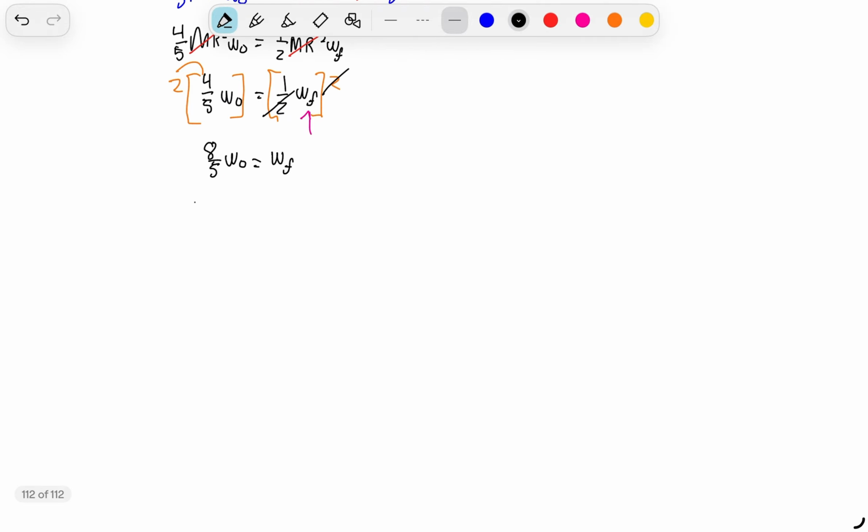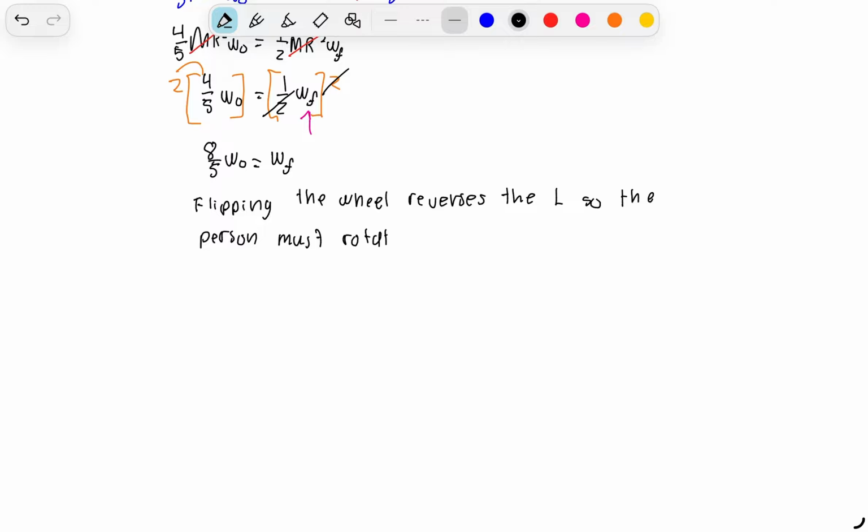And the reason why this makes sense is because flipping the wheel reverses the angular momentum. So the person must rotate on their platform faster to conserve the total angular momentum.